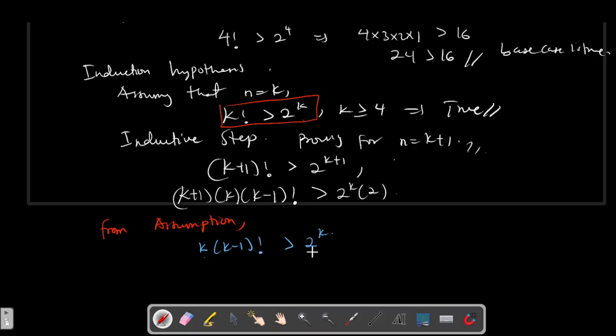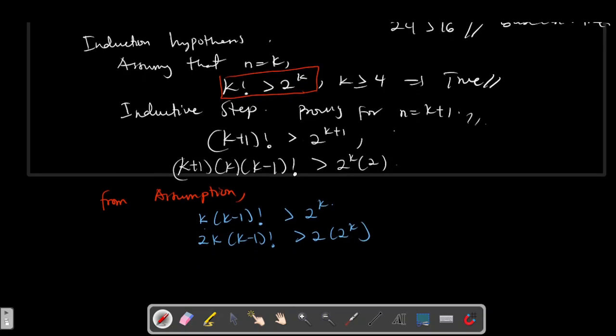So I'll multiply through by 2, and I'm going to have 2 multiplying k minus 1 factorial greater than 2 multiplying 2 to the power k. Remember that whenever you are dealing with your assumption, whatever you are doing is true and is acceptable.